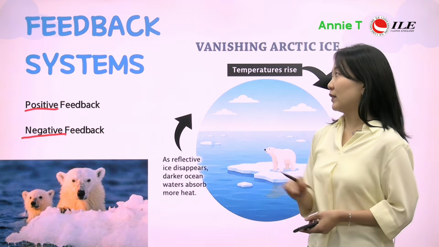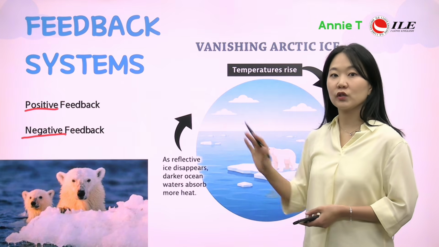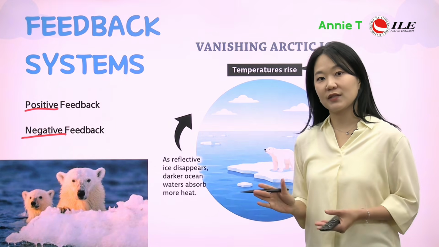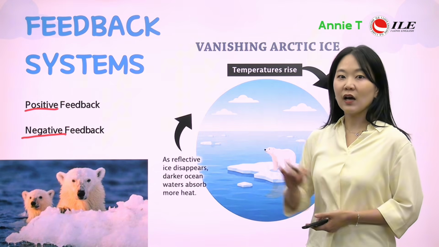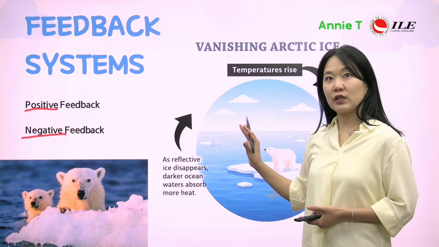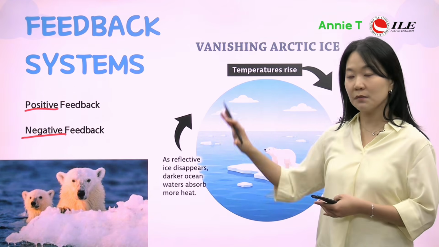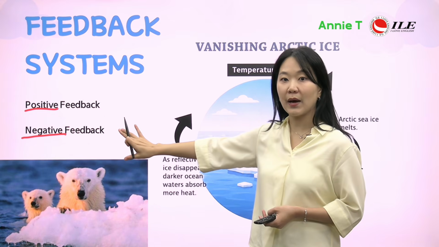Positive feedback is when the changes that occur actually strengthen or reinforce, maybe speed up the process. For negative feedback, the changes actually stop or slow down or even reverse the whole system. Then we call it a negative feedback.